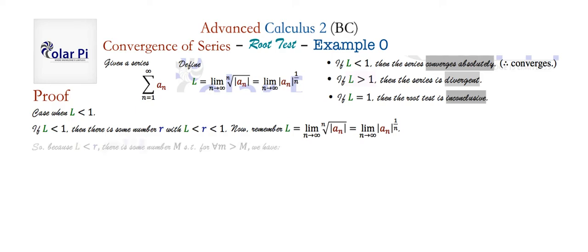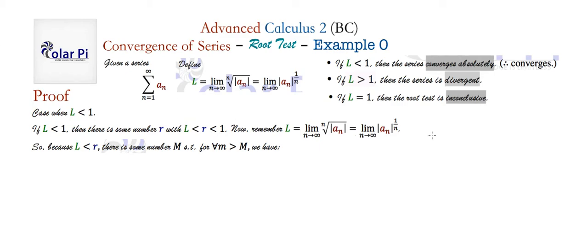We should be able to pick a number capital M such that for all numbers little n bigger than capital M, we have that this here, which is the same as this here, is arbitrarily close to L, right?